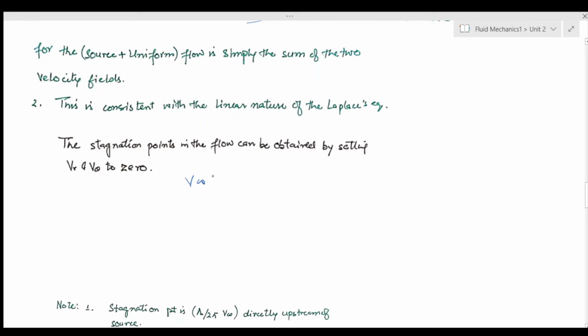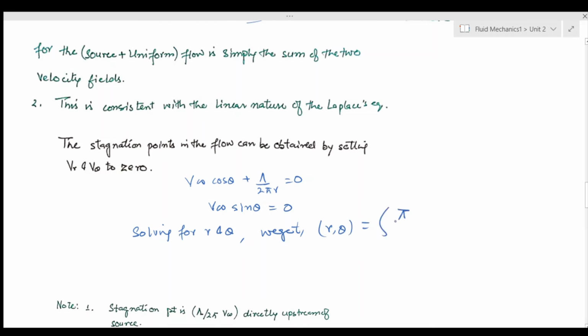So my Vr, which was V infinity cos theta plus lambda divided by 2 pi r, I put it to 0, and I put my V theta, which was V infinity sine theta, to 0 as well. Then if I solve the above two equations for r and theta, I get r comma theta equal to capital lambda divided by 2 pi V infinity comma pi.